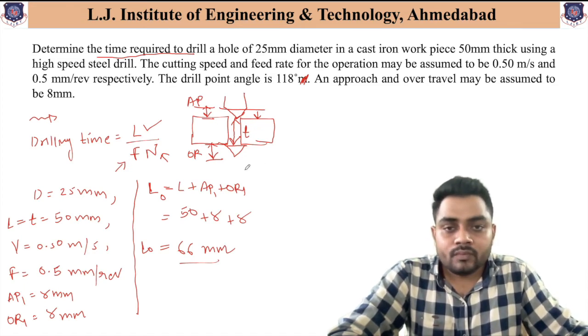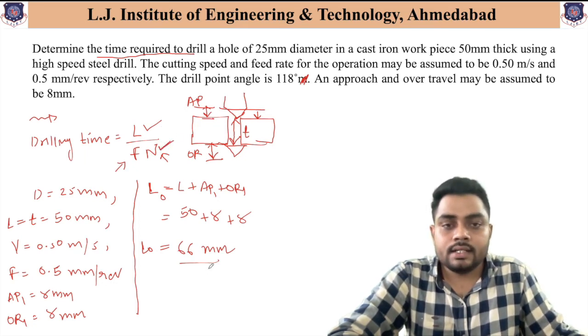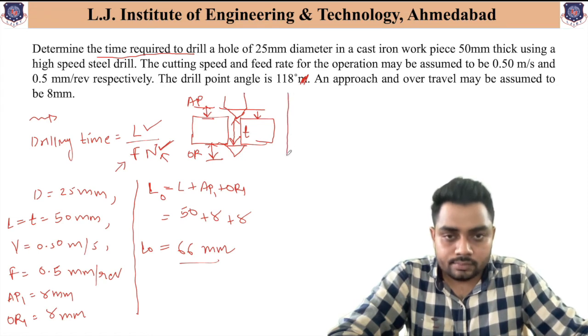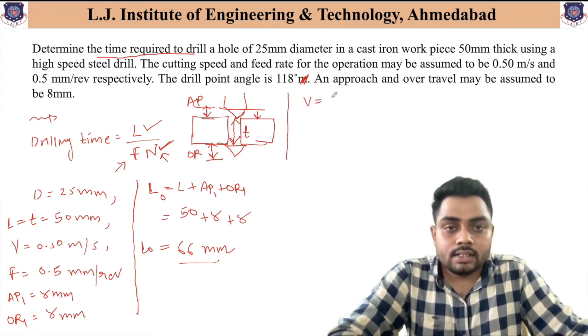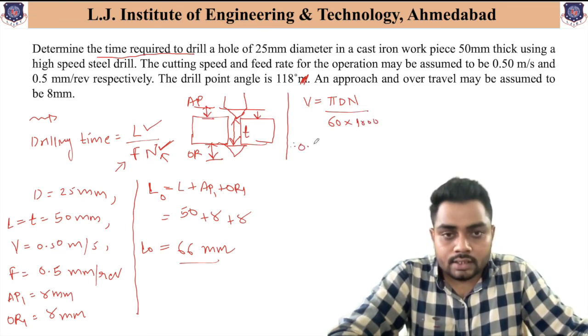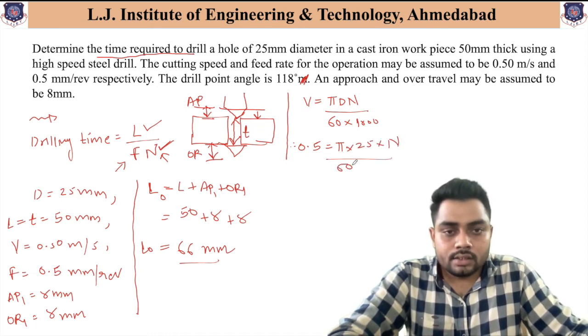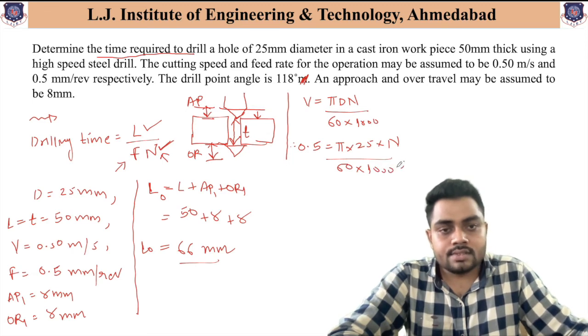Now another thing that we need to find, that is the revolution per minute, that is N. So we know the equation for that. Velocity, that is equal to pi DN divided by 60 into 1000. Now we know that V is 0.5, pi is the constant, diameter is 25, and we need to find N, divided by 60 into 1000.